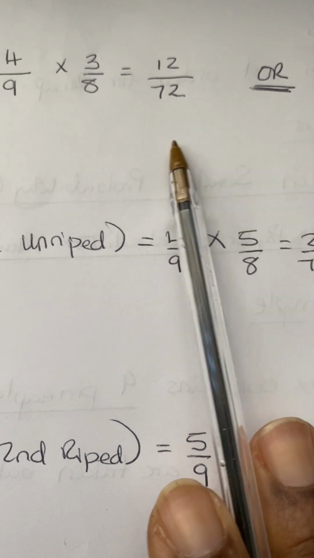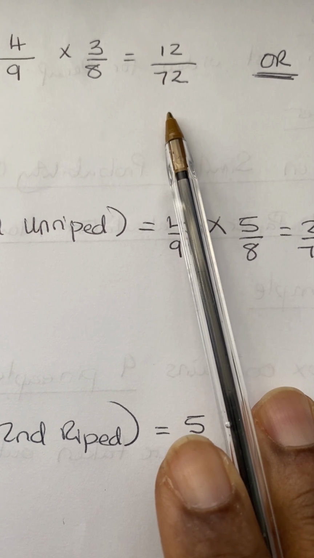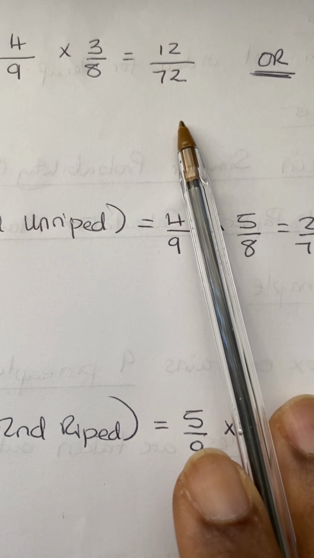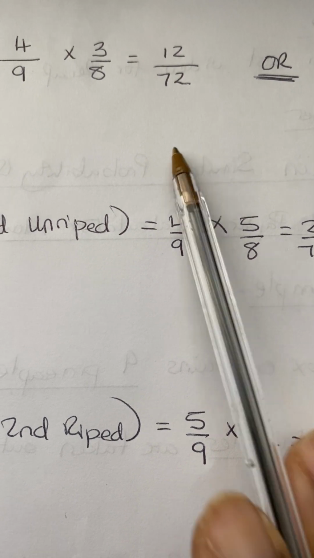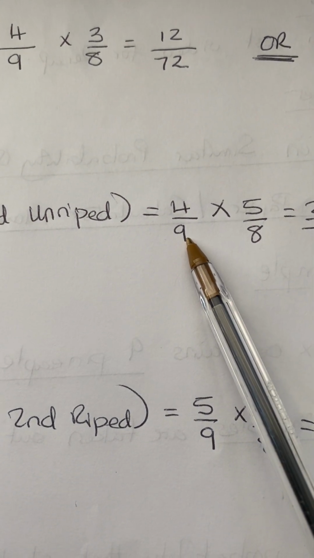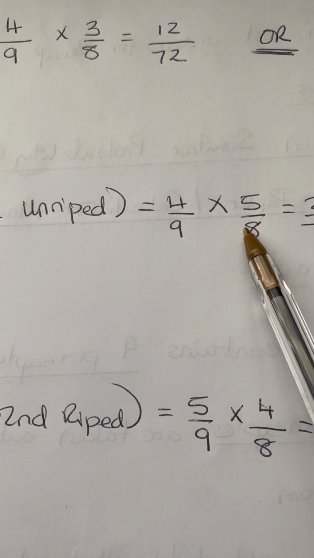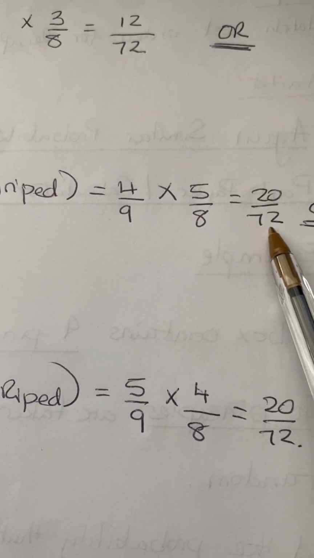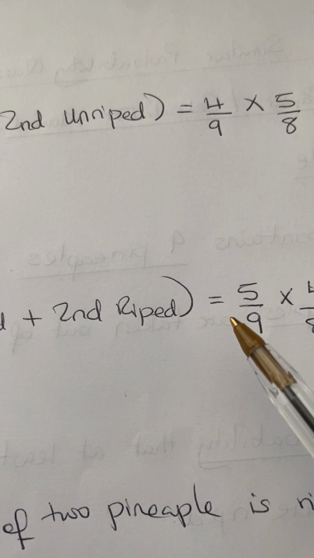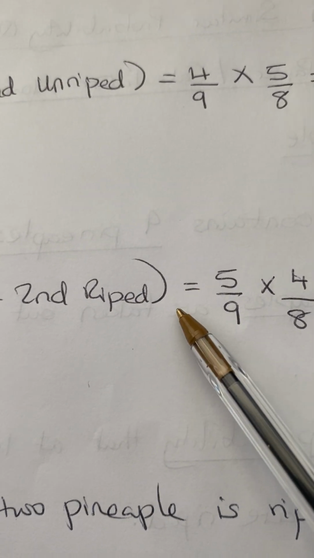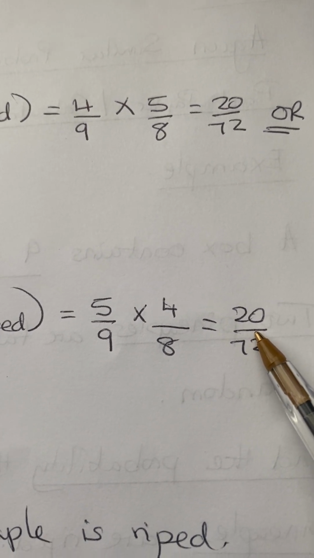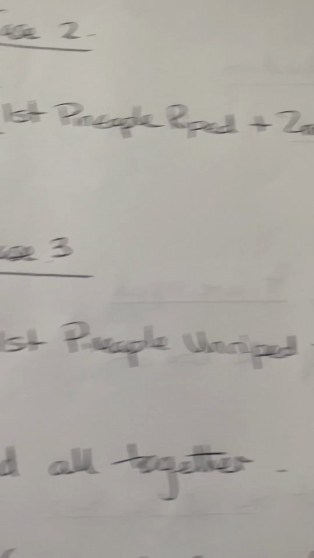So it's either you pick 2 ripe, which is 12/72, or, which is add, 1 ripe and the other one unripe, 20/72, add, or 1 unripe, second pick ripe, 20/72. So you need to add the 3 together.